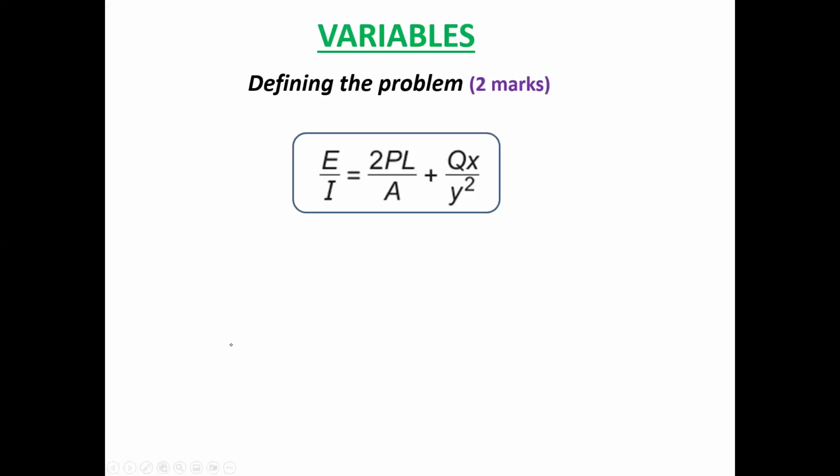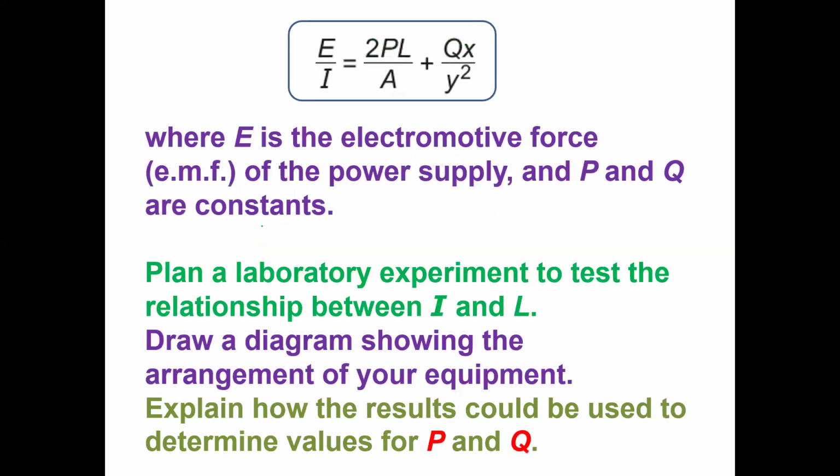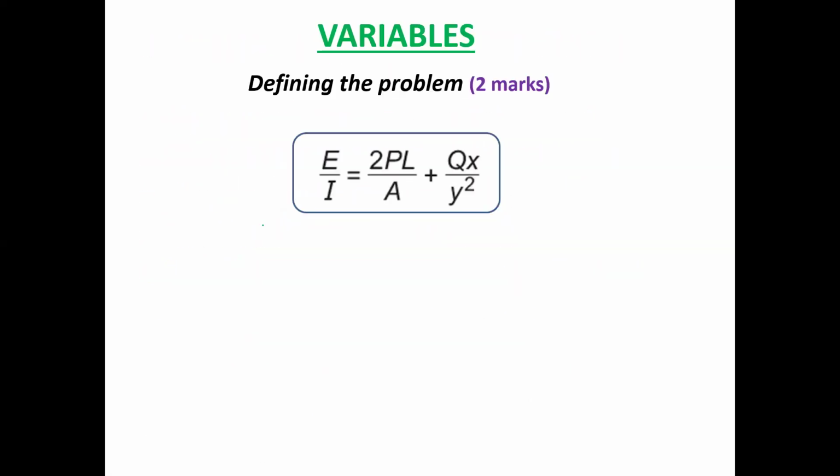Now, in this equation, let us recall what are the factors. E stands for EMF. I stands for current. P and Q are constants. P is a constant.